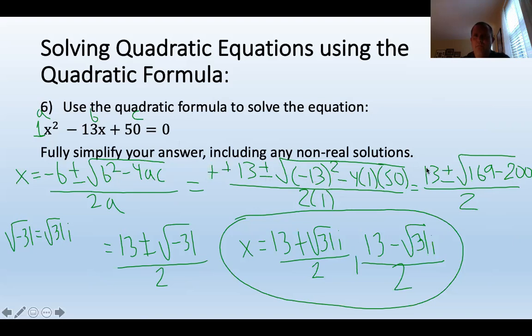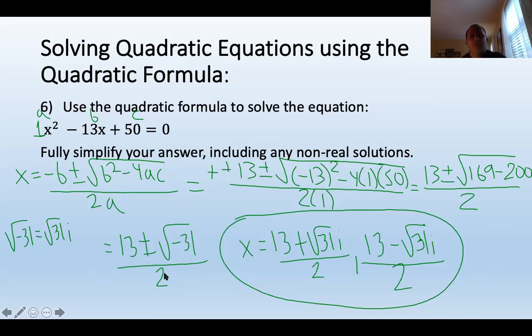And then this ends up being 13 plus or minus the square root of negative 13 squared is 169, minus 4 times 1 times 50 is 200, all over 2 times 1 is 2. This ends up being 13 plus or minus the square root of 169 minus 200, which is negative 31, all over 2.